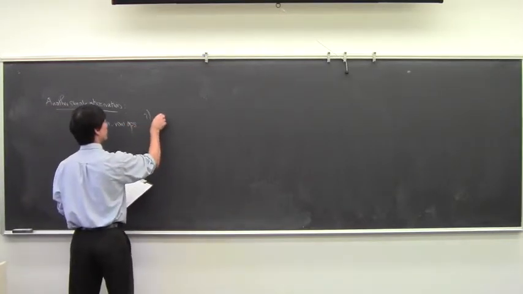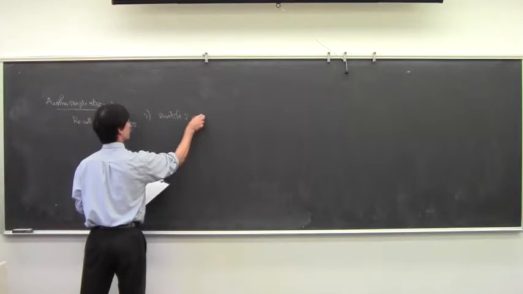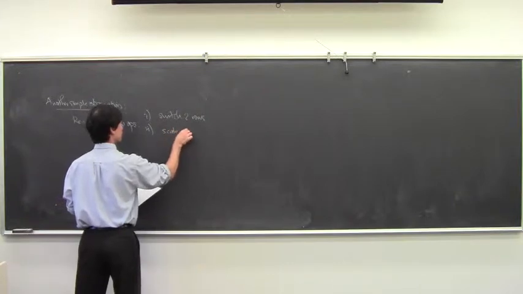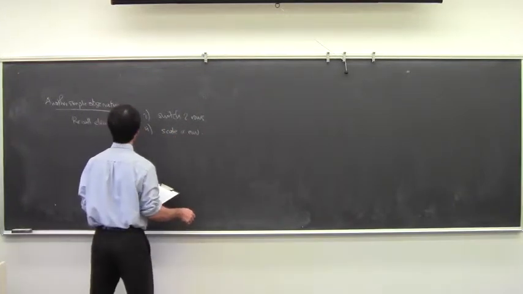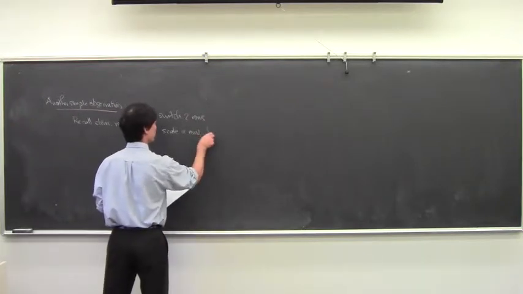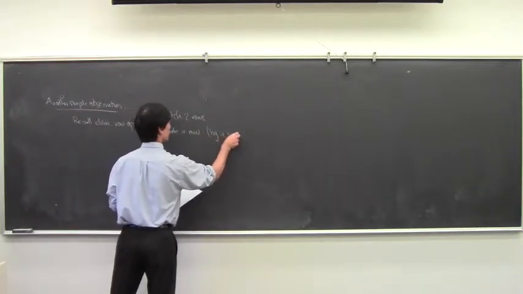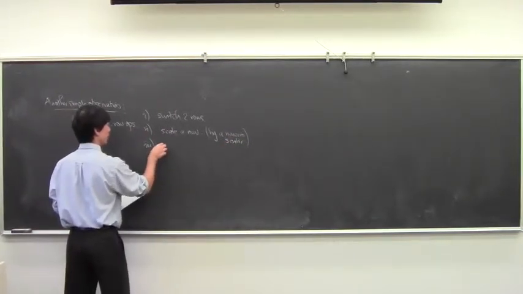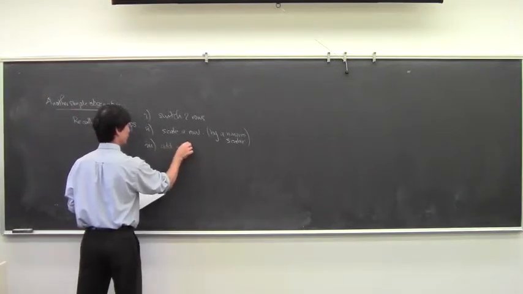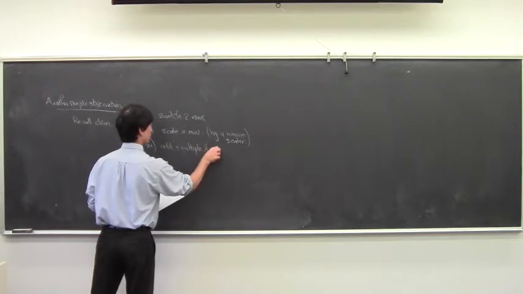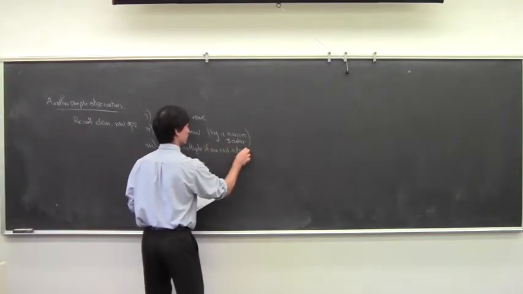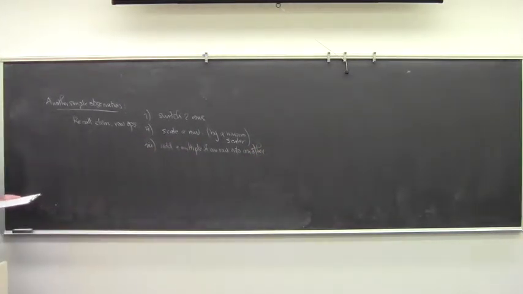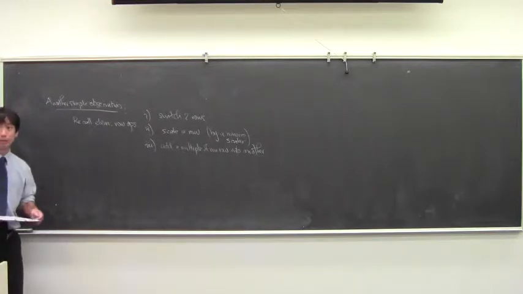You could switch two rows, you could scale a row by a non-zero scalar, and you could add a multiple of one row onto another. Those were the elementary row operations.